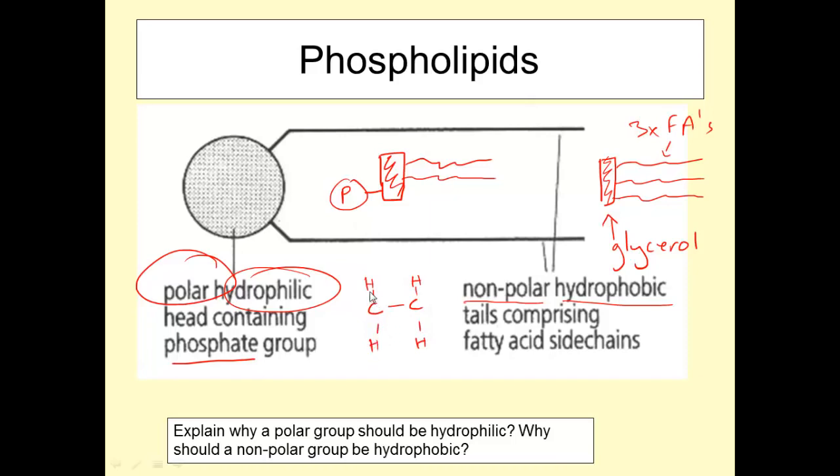They will hold onto their electrons very nearly equally strongly, and therefore they don't generate any polarity around the molecule, and therefore they end up being hydrophobic for reasons that we'll discuss when we think about the structure of water. So in due course of time, hopefully you'll be able to explain why a polar group should be hydrophilic and why a non-polar group should be hydrophobic.